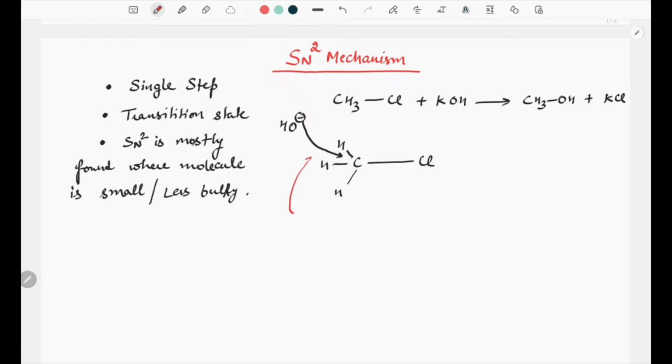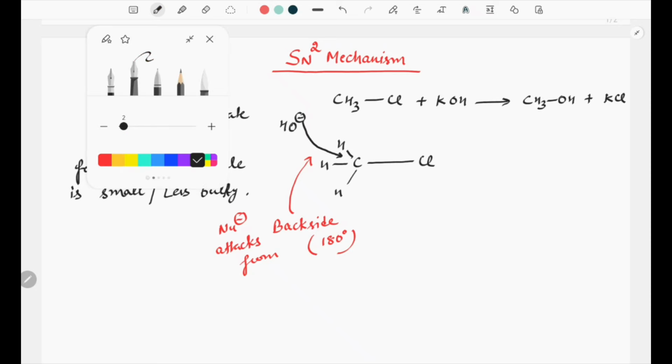So this is the main thing. Attack is from the backside. The nucleophile attacks from the backside, or 180-degree angle from the leaving group.